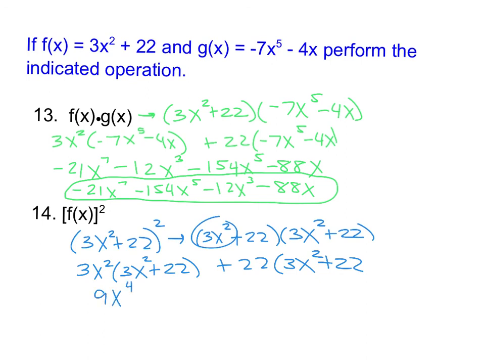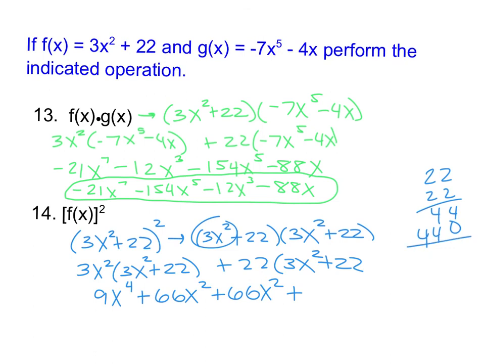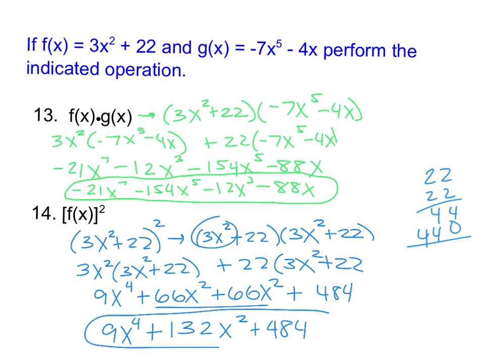So add our exponents, so 4, 66x squared, 66x squared. Ooh, I have no idea, I don't have a calculator. 22 times 22. Let's see, 4, 4, 0, 4, 4. 484. Combine those middle two, because they're both x squareds. 132. And we are finished. And that's the lesson.